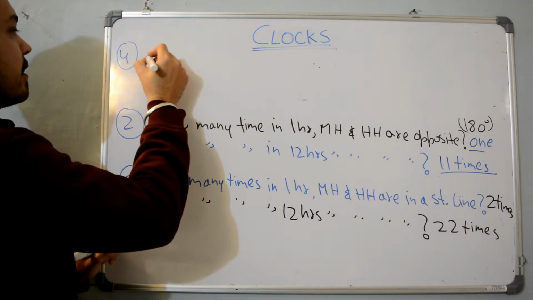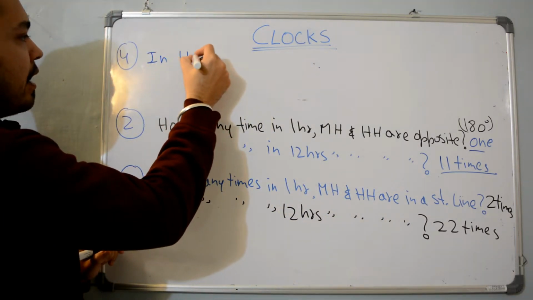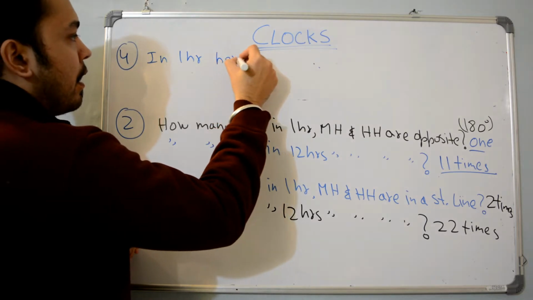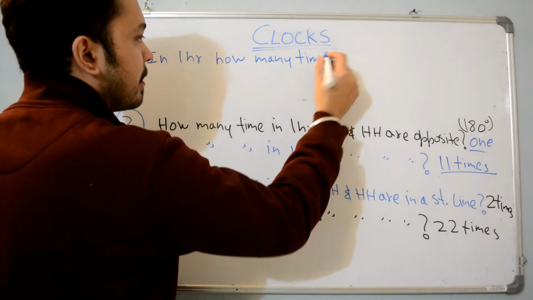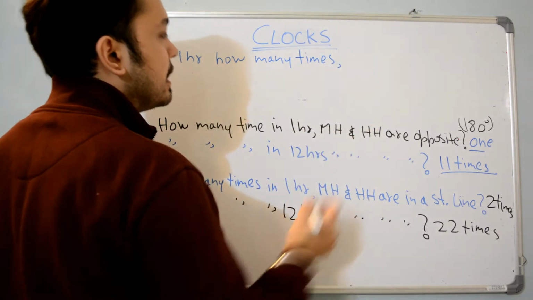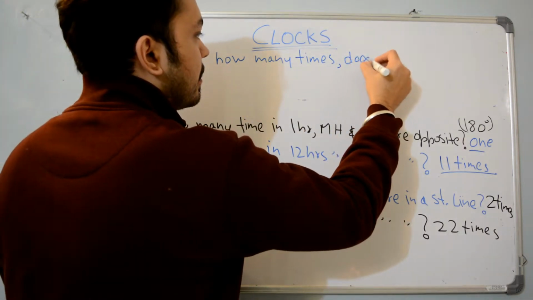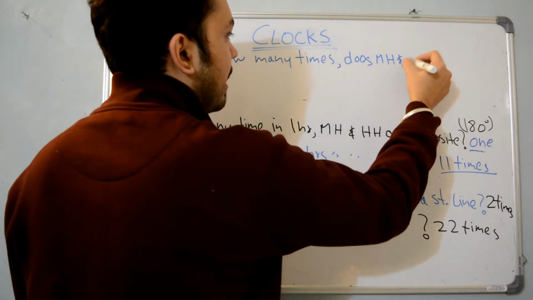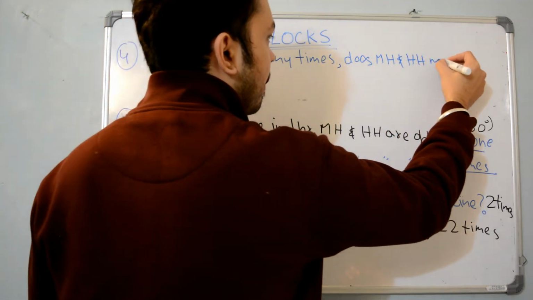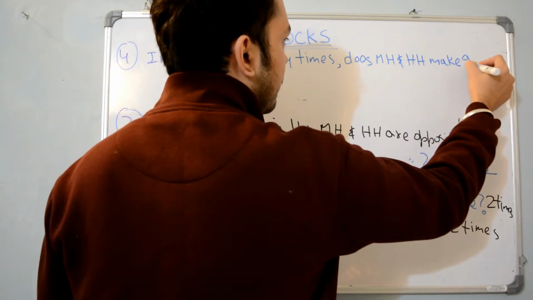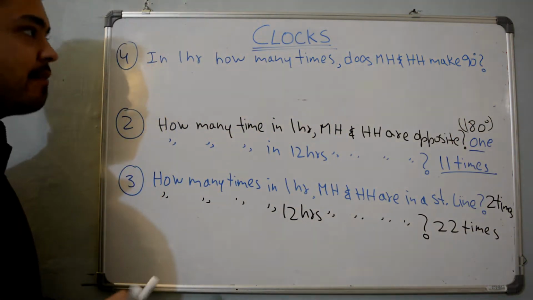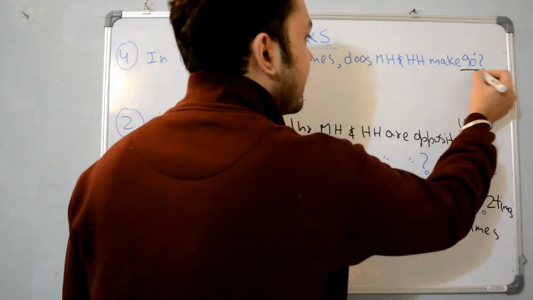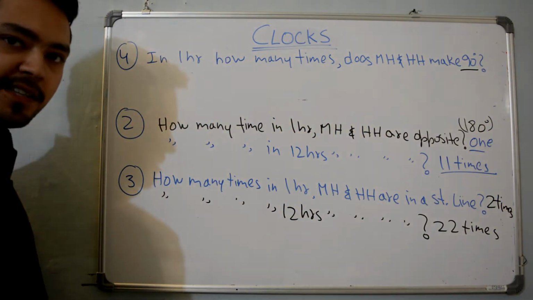Now I am asking, in 1 hour, how many times do the minute hand and hour hand make 90 degrees?